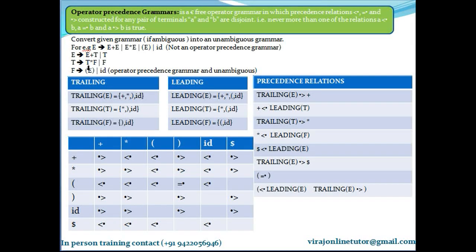If two terminals are separated by a single non-terminal, left hand side terminal is equal to right hand side terminal. And if you just go from left to right, trailing of E is greater than plus, plus is less than leading of T, trailing of T is greater than asterisk, asterisk is less than leading of F, open bracket is less than leading of E, trailing of E is greater than close bracket. That's all. Mark this and your table is done.